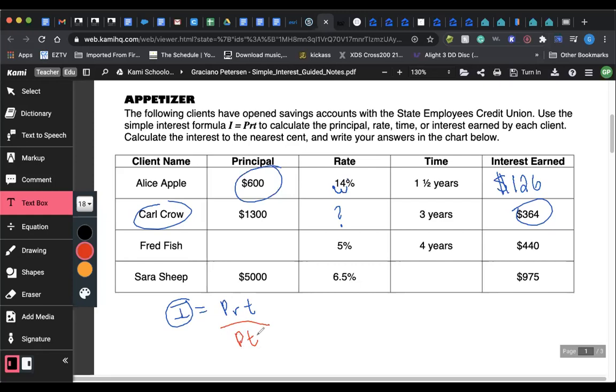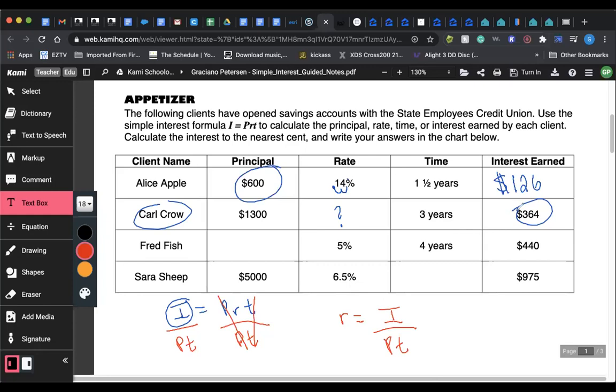Whenever I'm working with equations, whatever I do on one side, I have to also do on the other side. If I divide away the P and the T on the right, I need to also divide it away on the left. The only difference is that on the right, the P and the T cancel each other out, so all I'm left with is the R. So now my equation reads as R is equal to I divided by PT. This is how I can figure out my rate.